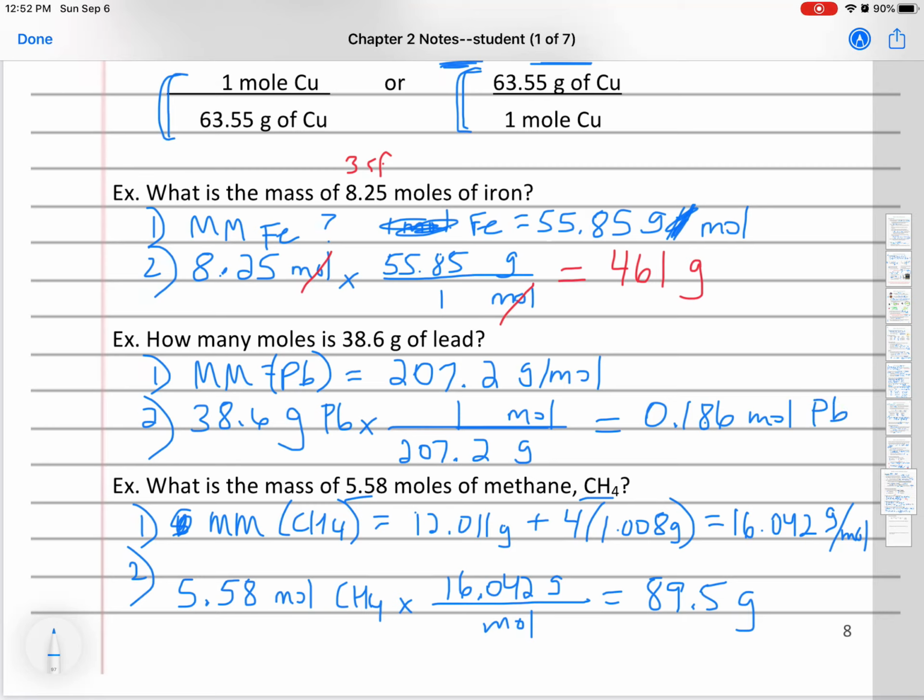And perhaps you noticed before that my answer didn't really match up with my problem setup, because 38 times 207 is certainly not less than 1. But now we have done it correctly, okay?